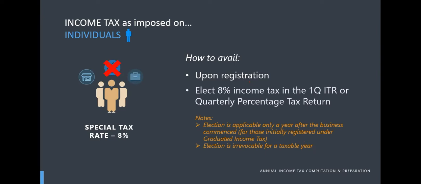It will apply to the second, third, and annual tax return filings for the year. Even upon amendment of the first or second quarterly income tax return, you still cannot change the election you have chosen in the first quarter income tax return filing. That's why it's irrevocable.